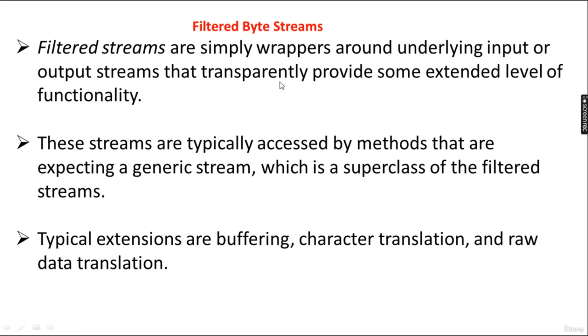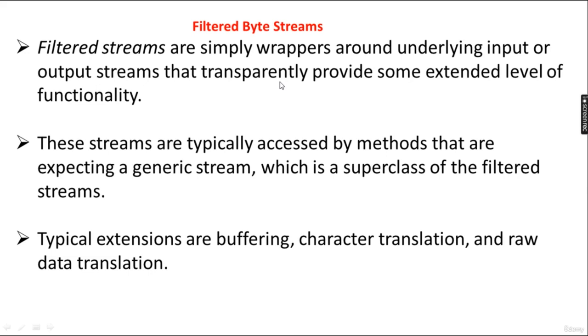Filter streams are simply wrappers around underlying input or output streams that transparently provide some extended level of functionality. Those are wrappers around the input or output stream, and second, they transparently provide some extended level of functionality. So input and output streams are there, and filtered byte streams are wrapped around them, and they have extra functionality.